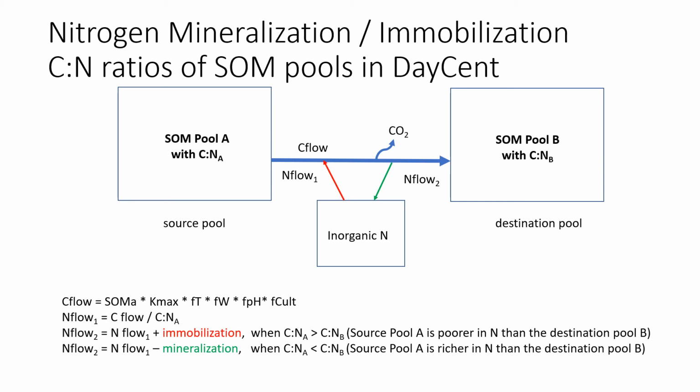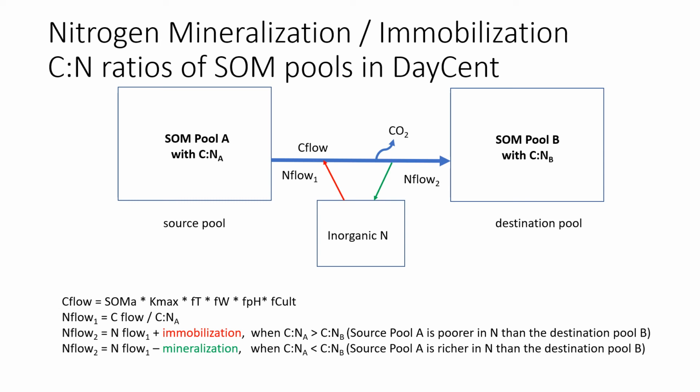Soil pool A is a source of carbon, and pool B is its destination. So as we saw before, when soil pool A decomposes, there's a flow of carbon out of it. Some of that carbon respires as heterotrophic respiration, and what's left goes into pool B. So that's the carbon part of it.